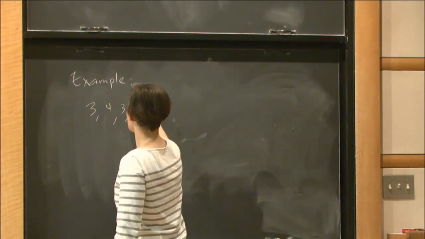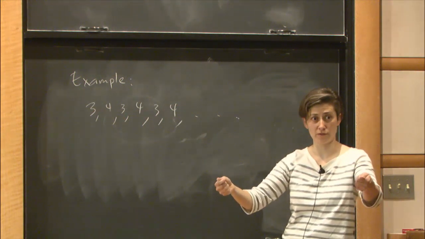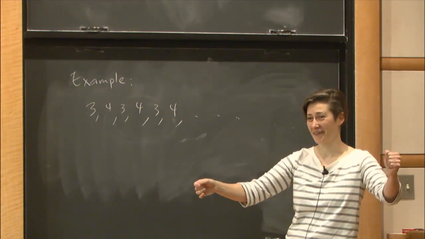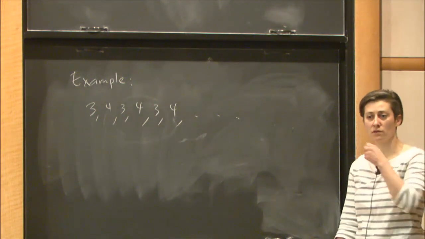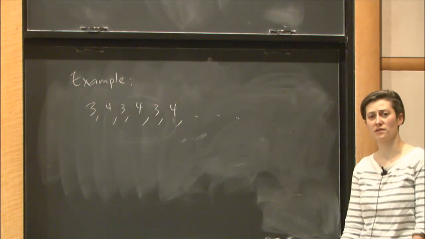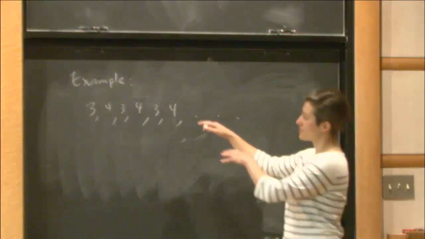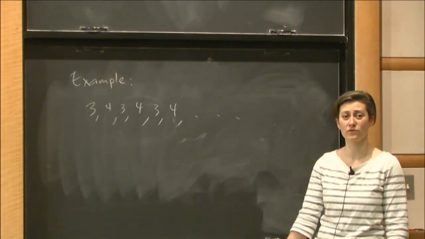Let's take 3, 4, 3, 4, 3, 4, which alternates between outputting the values of two constant polynomials, 3 and 4. Okay. What do I do to efficiently write this as a rational function, as associated to a rational function, the coefficients of a rational function?